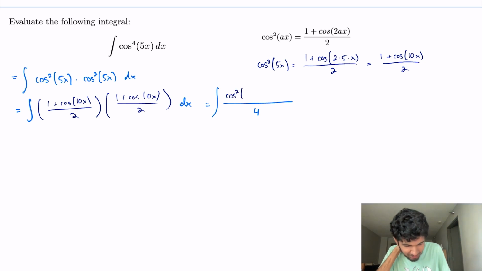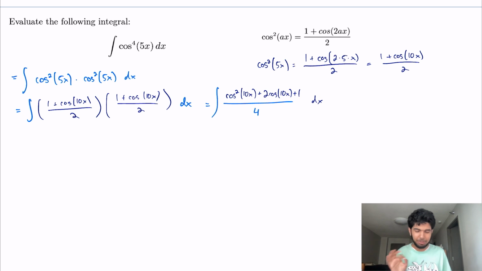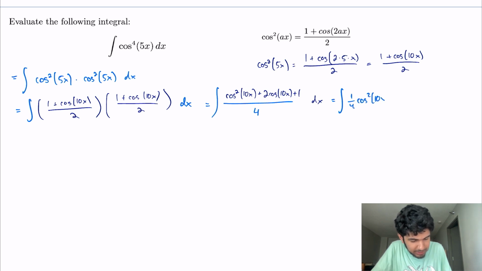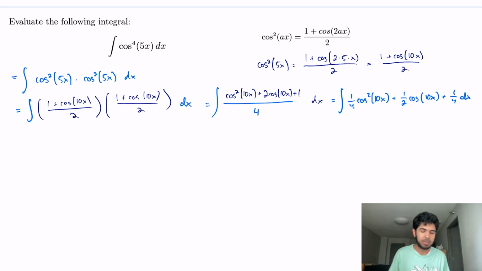You should get cosine squared of 10x plus 2 cosine of 10x plus 1. Let's just get rid of the denominator by splitting it amongst the terms. Something like that. So this will be like 1/4 cosine squared of 10x plus 1/2 cosine of 10x plus 1/4 dx.